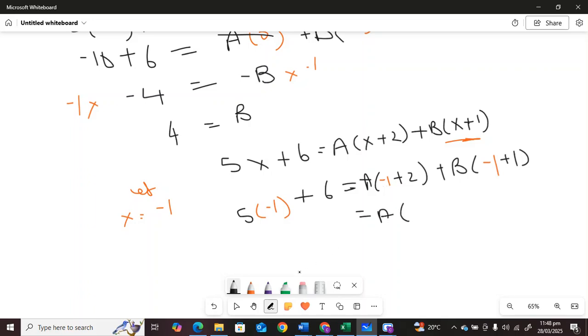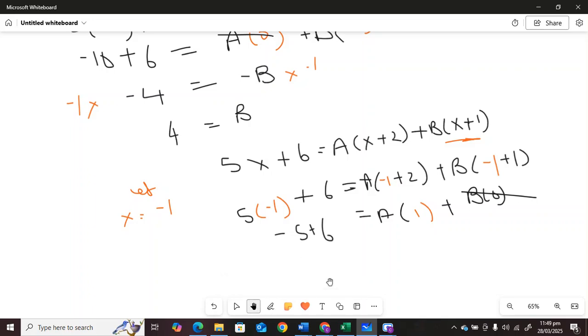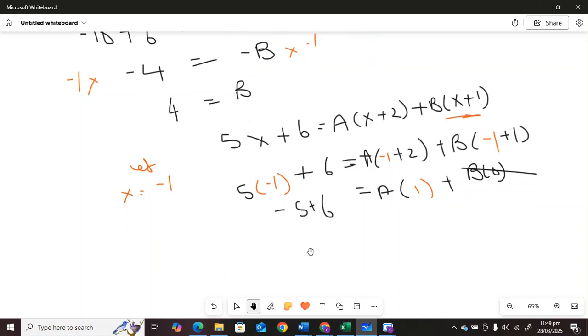So we have here a times 1 plus, for b, -1 plus 1, that is 0. So b times 0, the b goes. On our left hand side, 5 times -1, that is -5, plus 6. So -5 plus 6, that is 1. A times 1, that is a. So a equals 1.